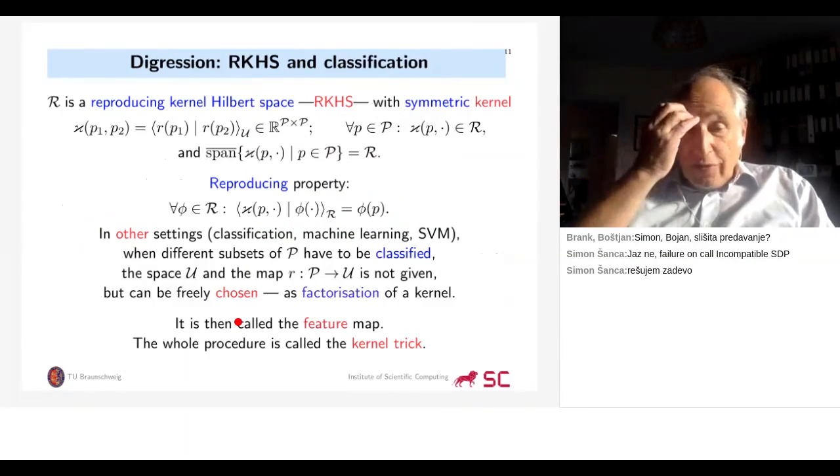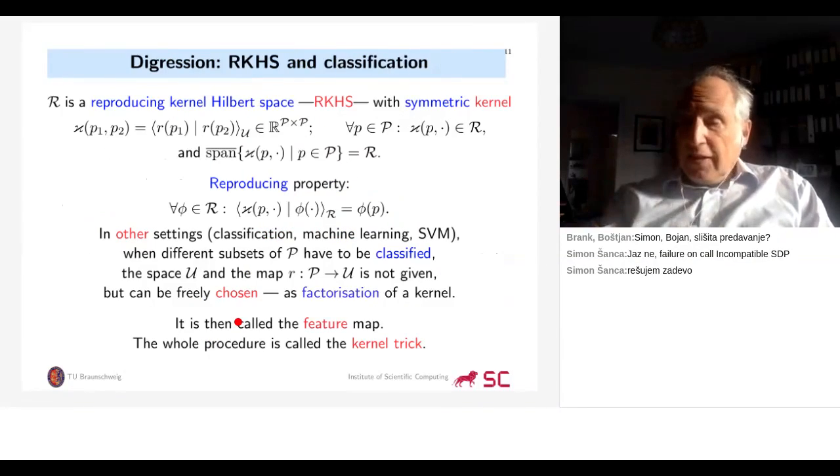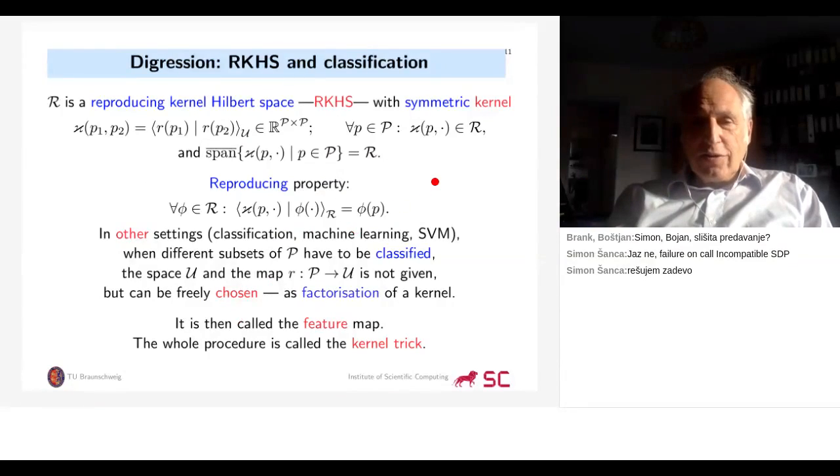And this is something which is very well known in analysis. So I digress a little moment to look at this. This guy is called the reproducing kernel Hilbert space. And the inner product of this parametric object with itself is called the reproducing kernel.